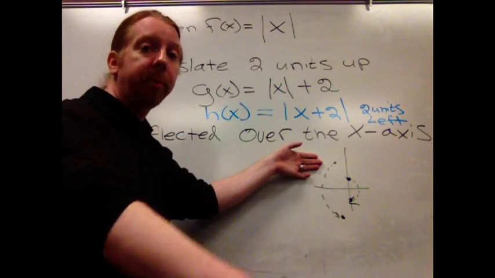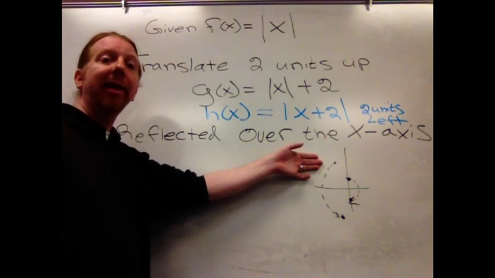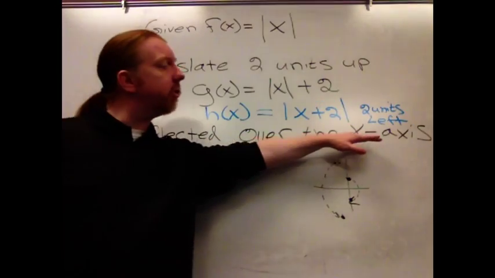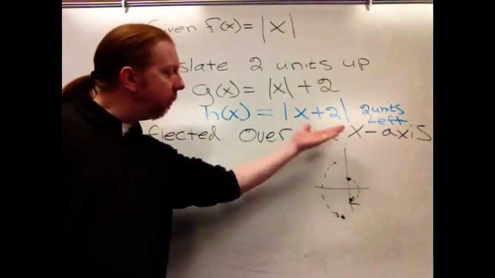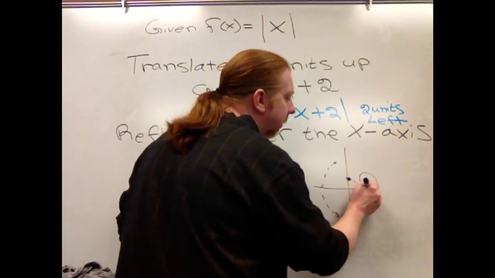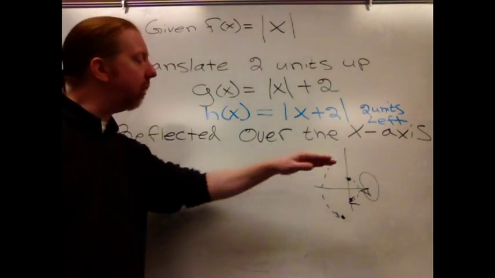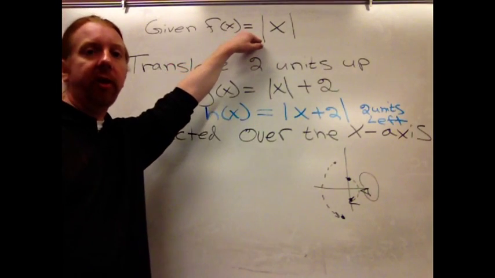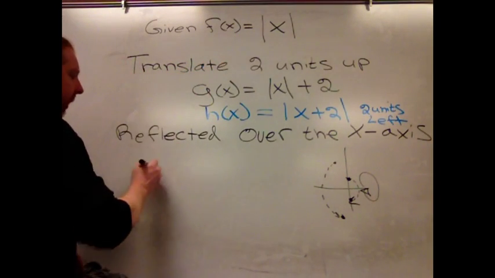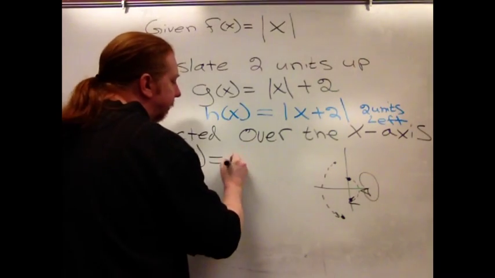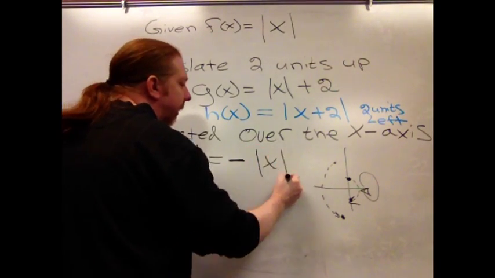All of my outputs are going to be multiplied by that -1. Another healthy reminder, since this is a vertical change, over the x-axis means I'm rotating around that x-axis. All vertical changes happen outside the initial function. So in this case, my g of x would be negative absolute value of x.